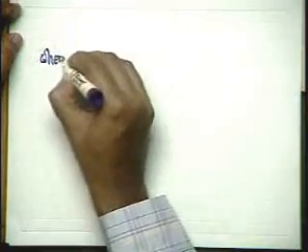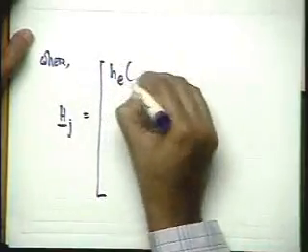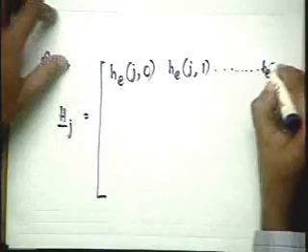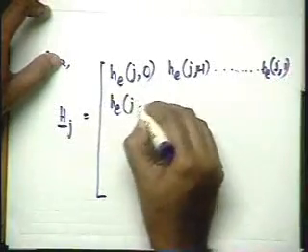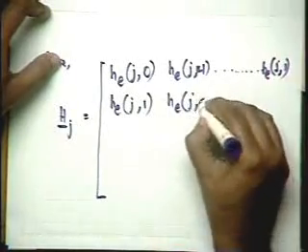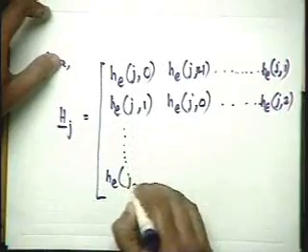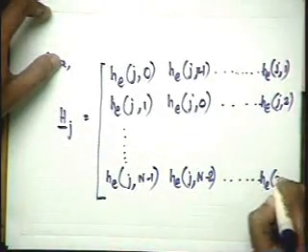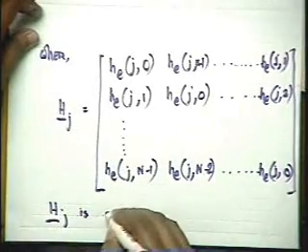So Hj is a circulant matrix whose elements are Hj0, Hj1, etc., up to Hj(n-1). The next row is Hj(n-1), Hj0, etc., up to Hj2, and the last row is Hj1, Hj2, etc. The last element is Hj0. And Hj is a circulant matrix.